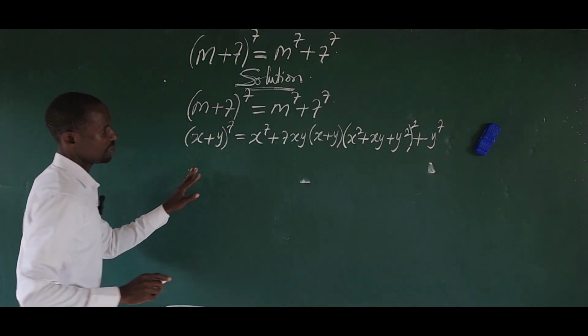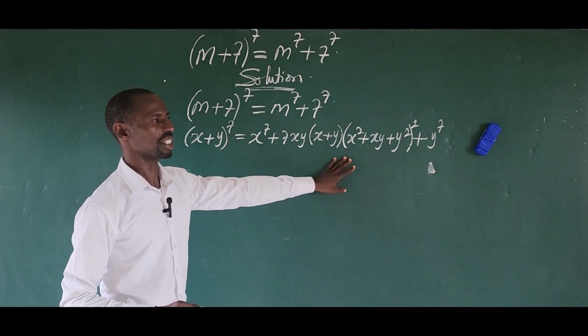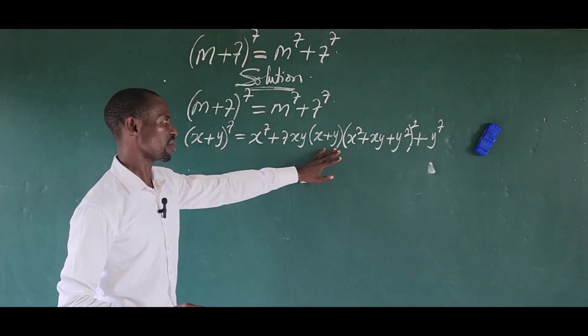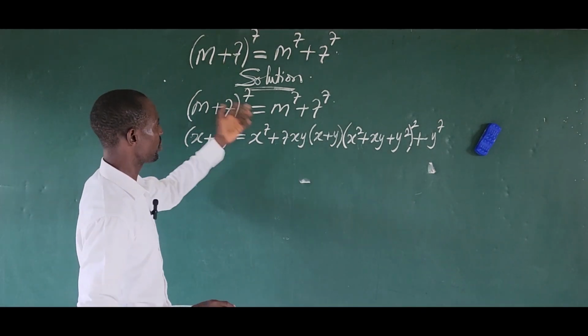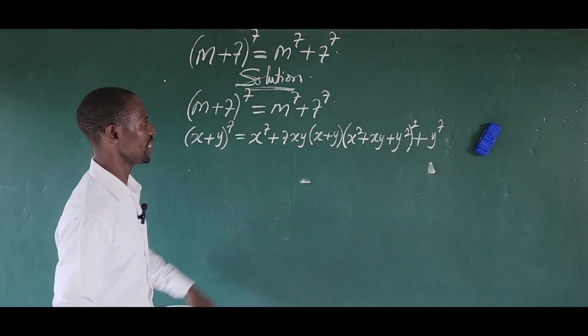So I was able to come up with this algebraic identity, and with it we can solve what we have here.